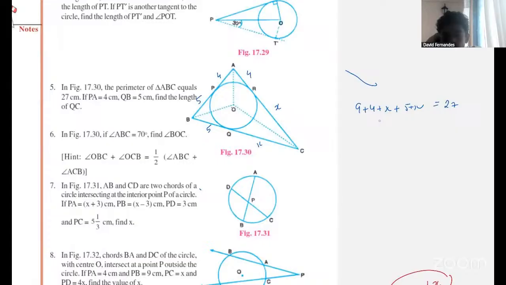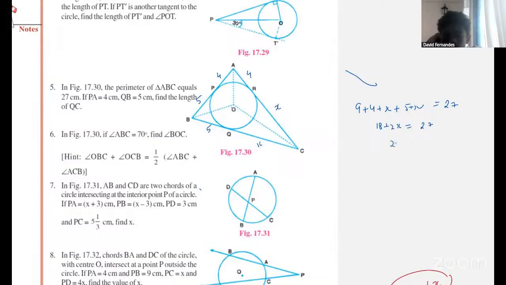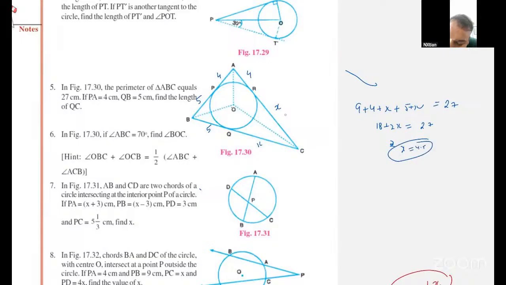So it becomes 18 plus 2X equals 27, so X is 4.5. So this is 4.5 and this is also 4.5.